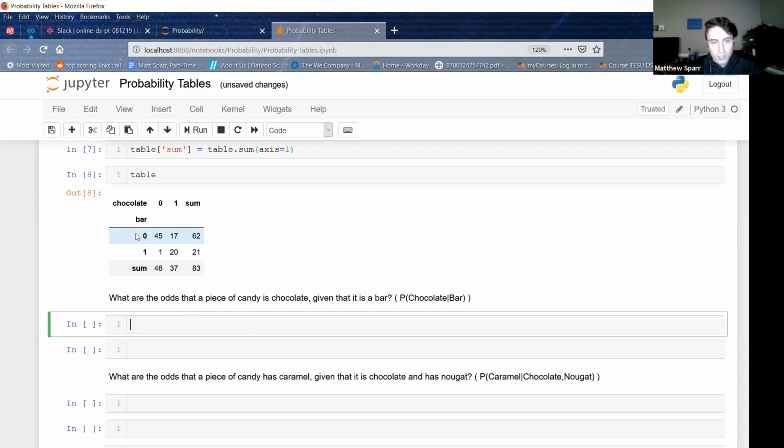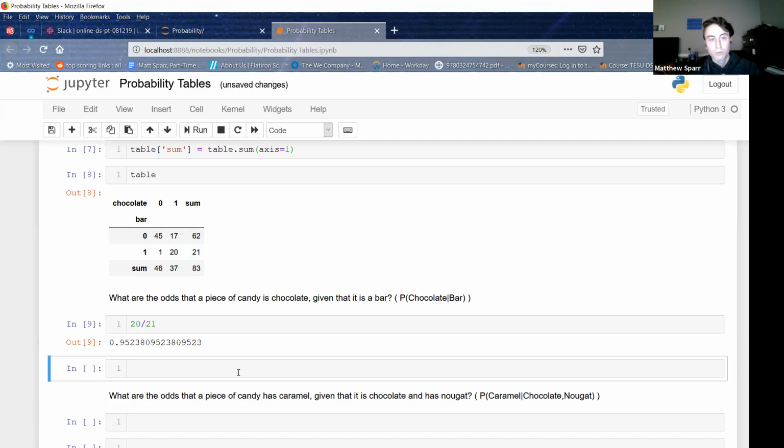So if we look in the table here, we can go to the row where bar is 1, and then we can see that 1 candy is not chocolate, whereas 20 candies are chocolate. So the probability here would just be the number that are chocolate divided by the total, which is 21. If you run that, it's about a 95% chance.